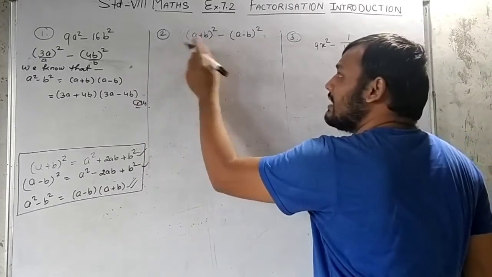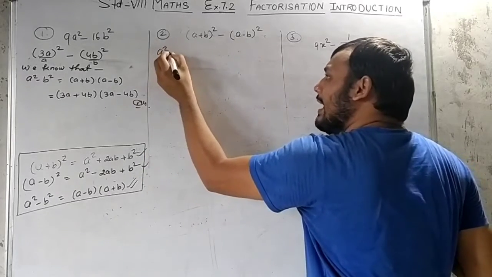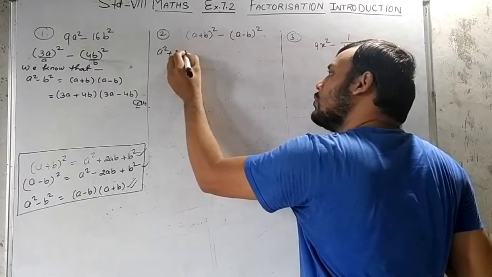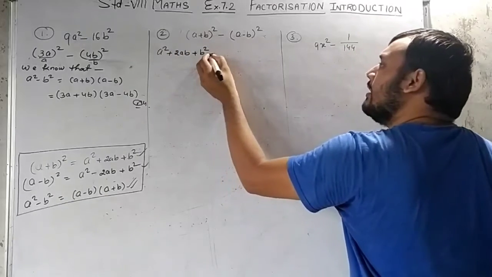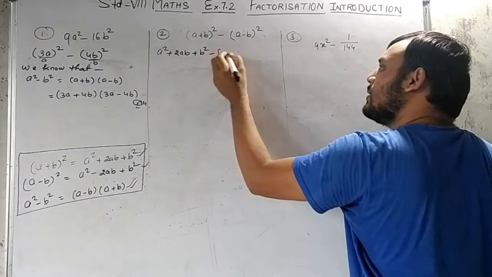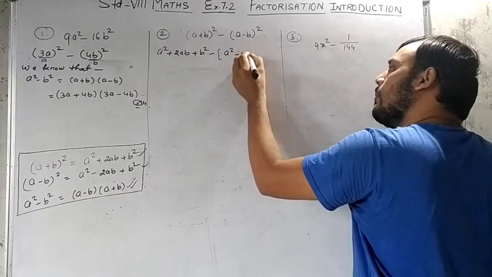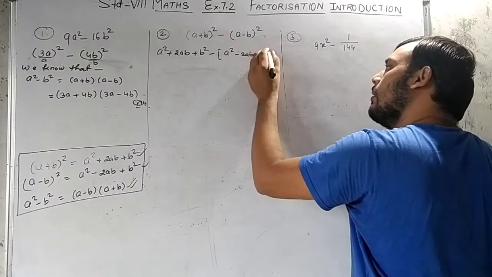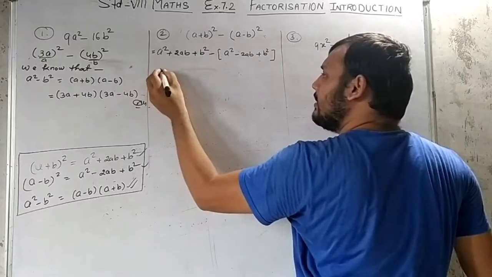Instead of a plus b whole square we can write a square plus 2ab plus b square, and this one is a minus b whole square, so we can write a square minus 2ab plus b square. Now we will open the bracket.